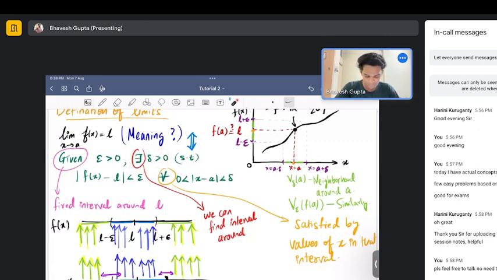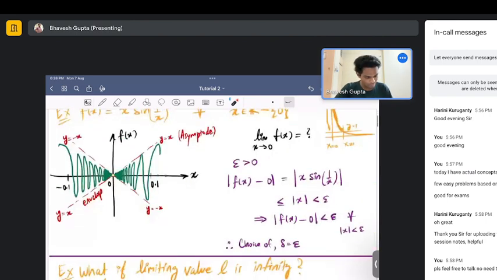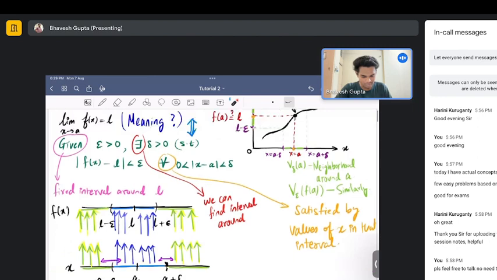Because the theorem tells you that if you give me an interval, epsilon, I can always find a delta interval around here such that this will happen. So this is the epsilon, this is the interval which you gave me. Now I will try to find what will be my delta by using this condition, because I want to satisfy this condition. In order to make this satisfaction, I will get my delta value.